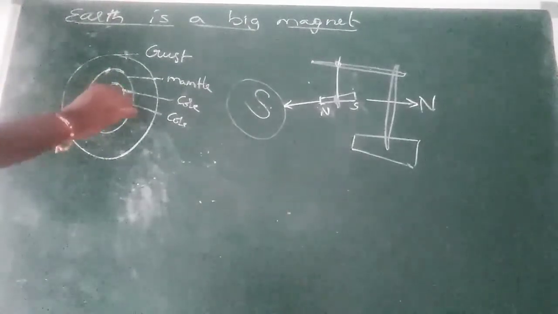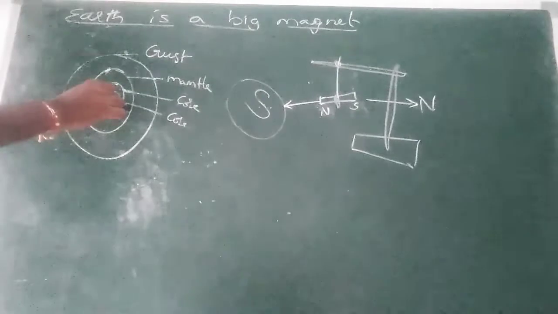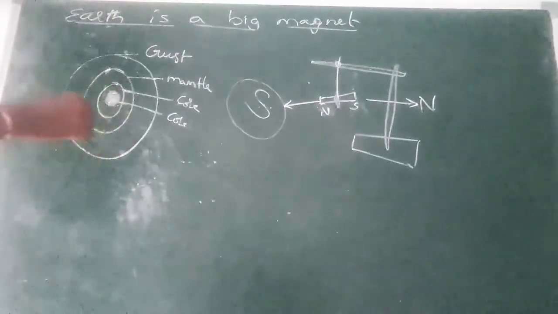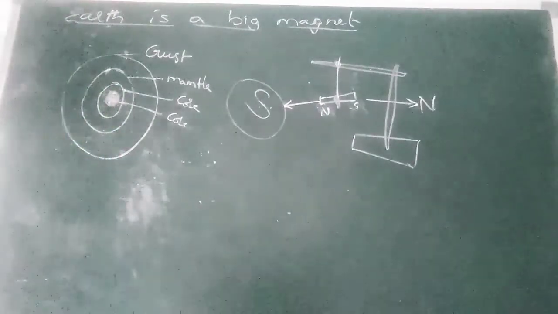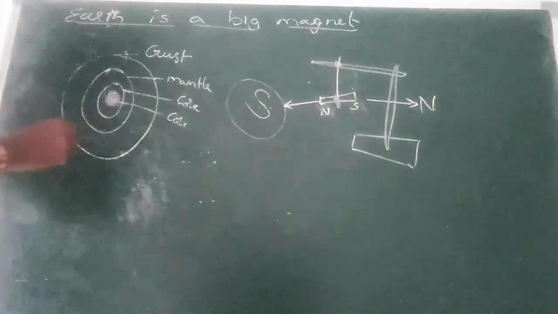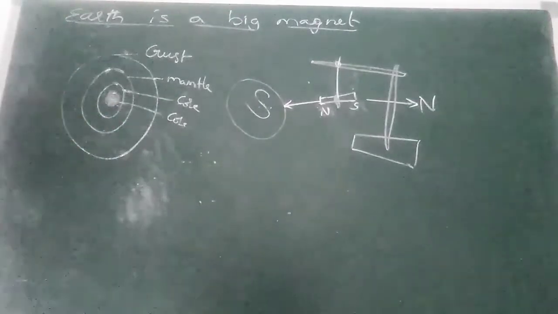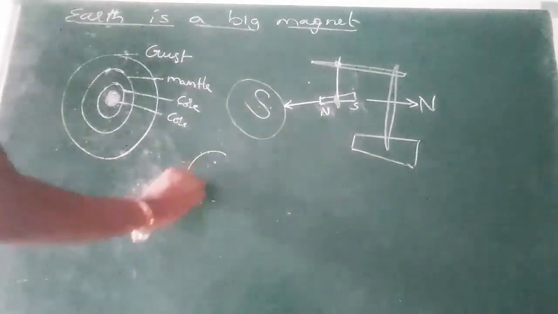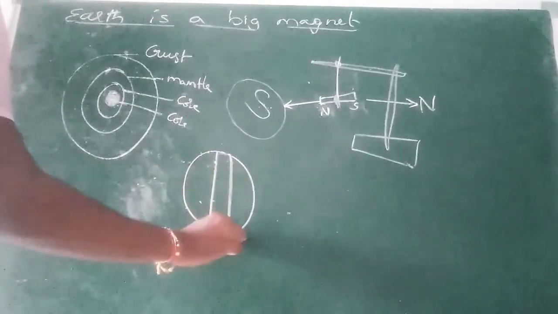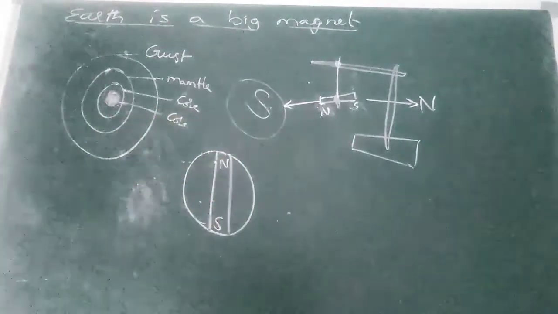This liquid state of magnetic material acts as a magnet and makes our Earth a huge magnet. Imagine this is the magnet of our Earth, with north and south poles.